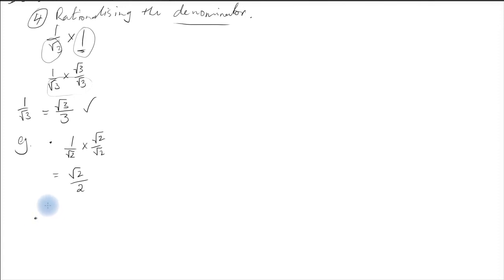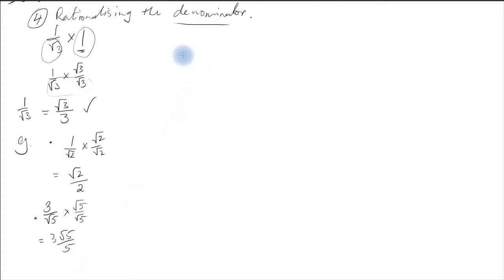Let's say we have 3 over the square root of 5. Well, we're going to multiply that by 1, written as square root of 5 over the square root of 5, which is going to become 3 root 5 over 5.